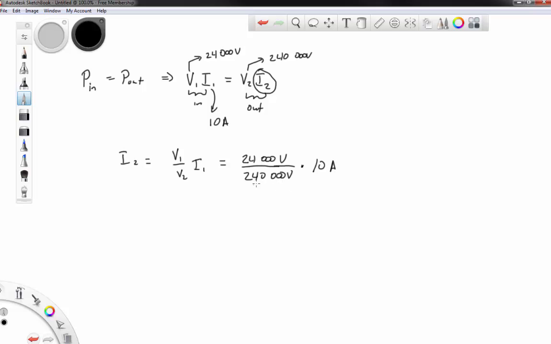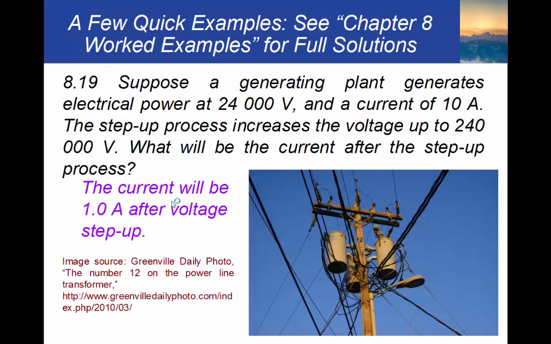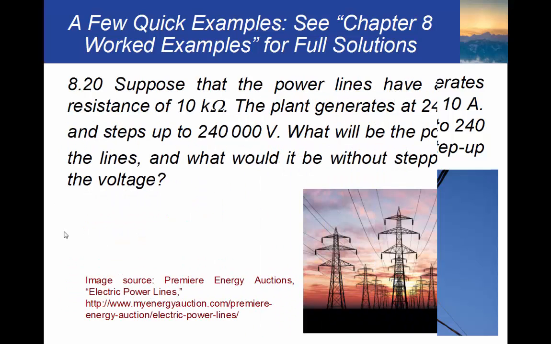Quick mental math, this is a tenth of this, so I2 should be equal to 1.0 amp. If you need to use your calculator to verify that, then be my guest. In any case, your output current should be 1.0 amps after the voltage step up. So you're stepping up the voltage, you're stepping down the current.